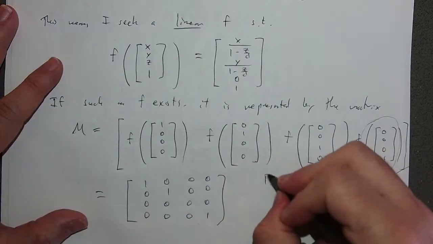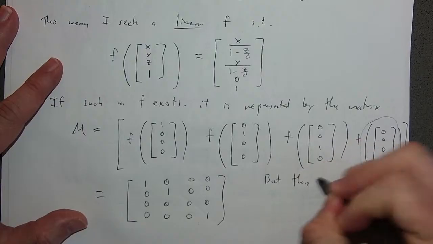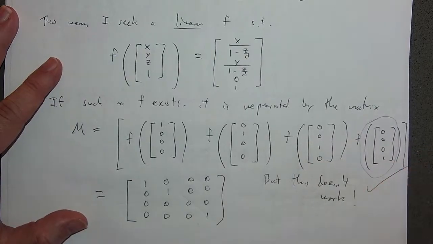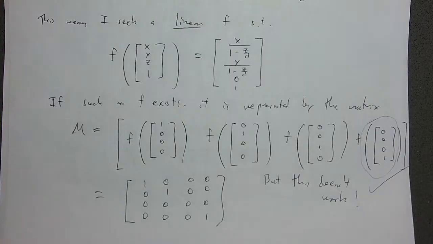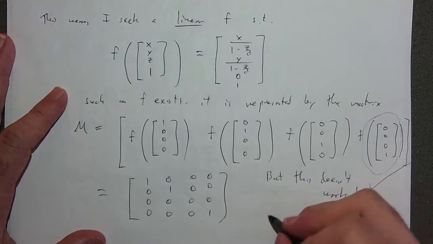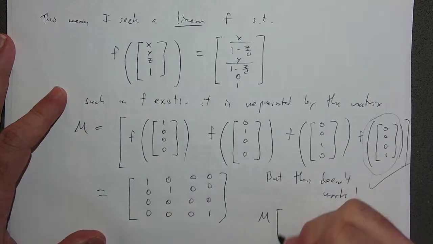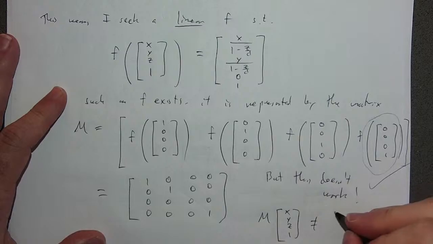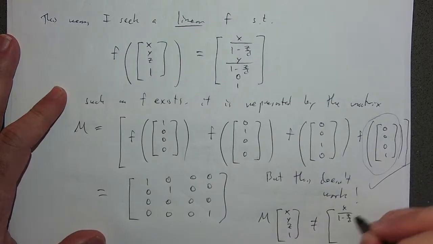But this doesn't work. What do I mean it doesn't work? Just check it, right? M times the vector x, y, z, 1 is not equal to x over 1 minus z over d, y over 1 minus z over d, 0, 1.